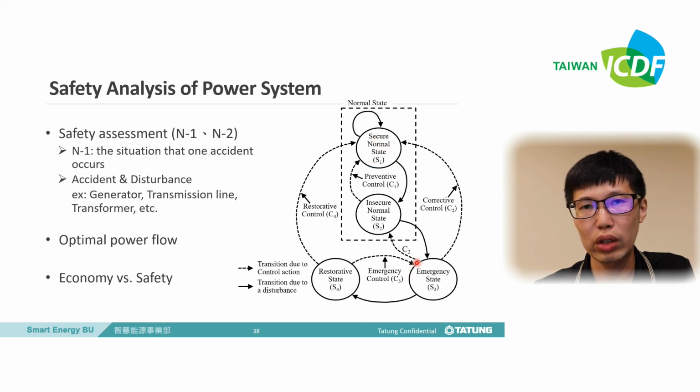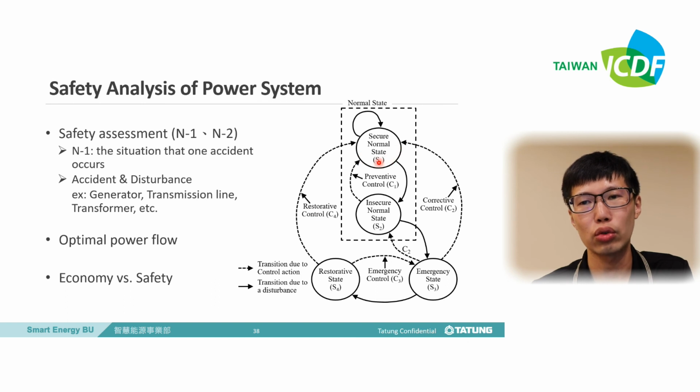If the operator does not do so, then the system will break down sooner or later. So the power outage will occur. Then at this time, the system is transferred to restorative state. And it may take a long time for the operator to recover the system back to the secure normal state.